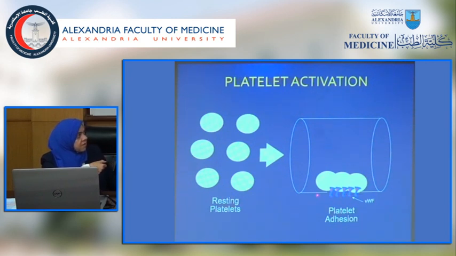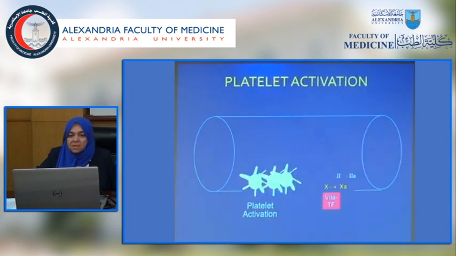Once the platelets adhere to the denuded subendothelial collagen, the platelets will be activated. When platelets are activated, they will swell and grow filaments, like it's shown here, and this will allow the platelets to aggregate together to form a plug.